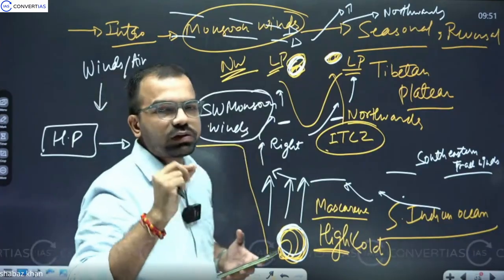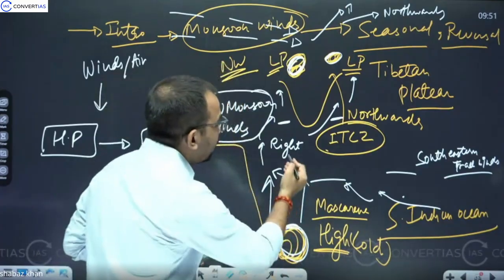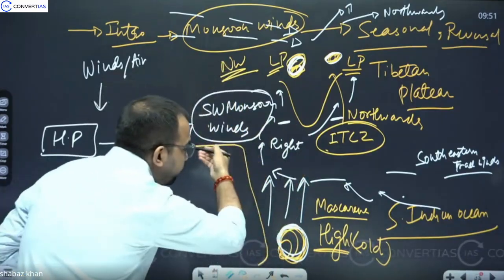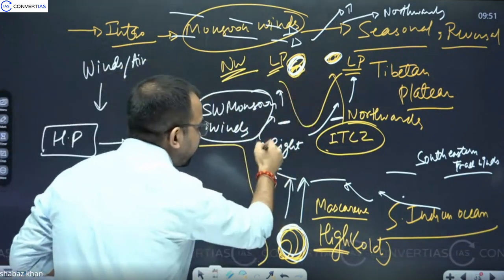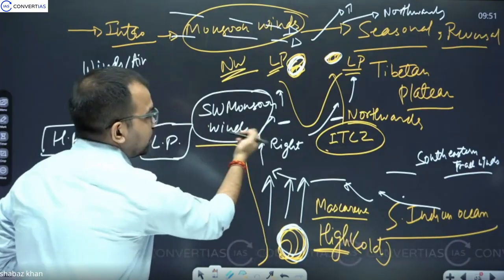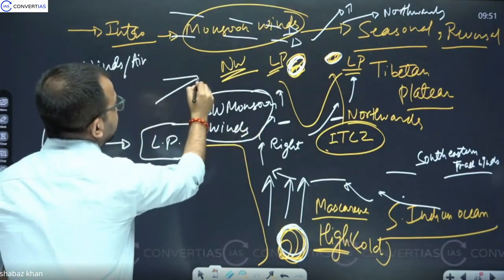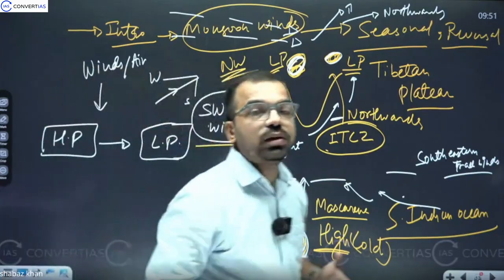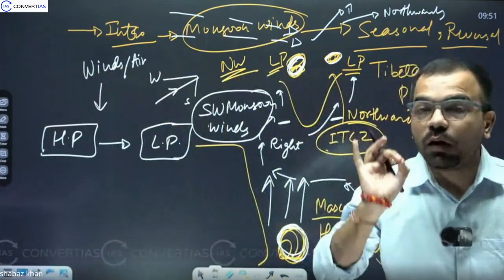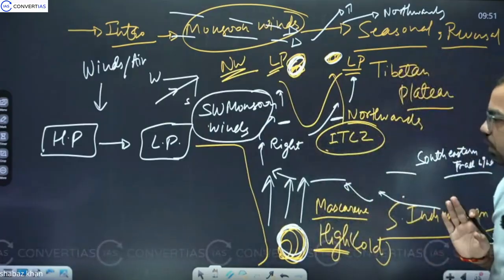Why are they called southwestern monsoon winds? Because for India, they are coming from the south and western direction. This is south, this is west. So it will be called southwestern monsoon winds in terms of Indian geography.